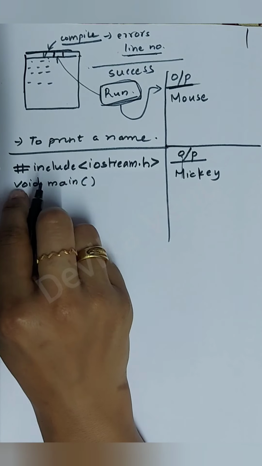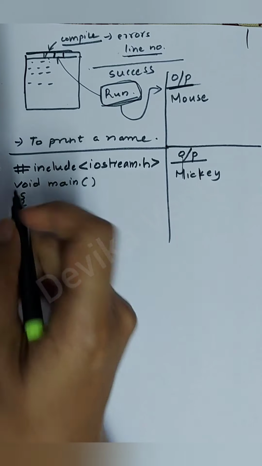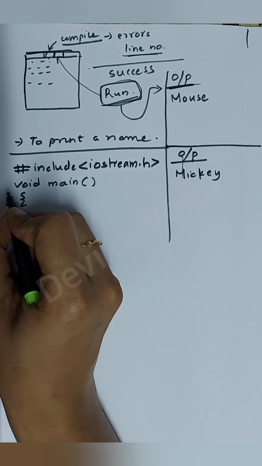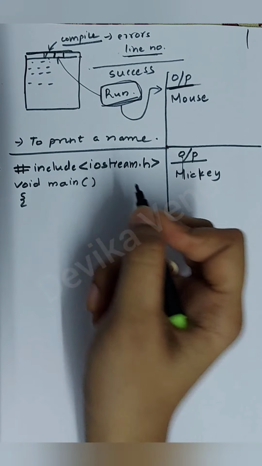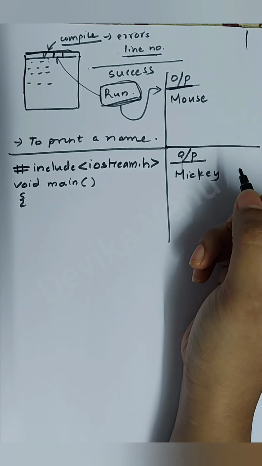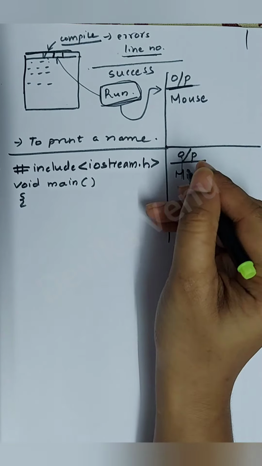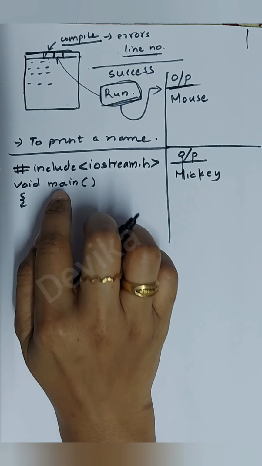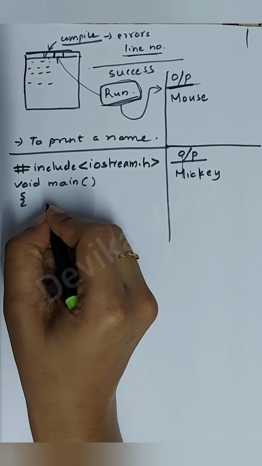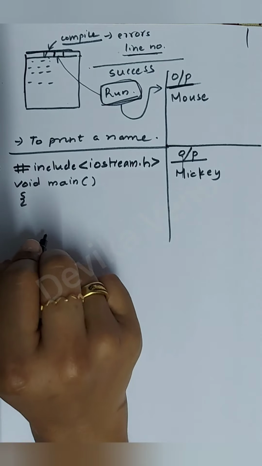So the main function I am declaring as void main. I will explain the meaning of void in the coming modules. For now, just remember that whatever you are writing should be inside the main function.